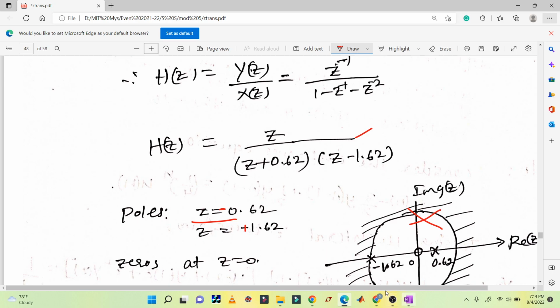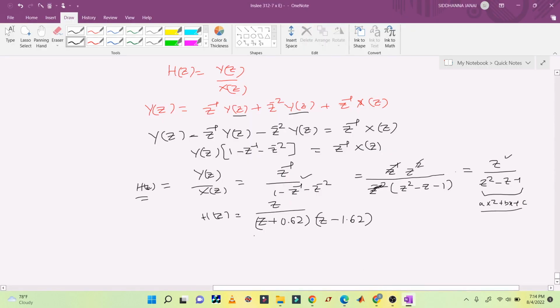By that, let me draw here. This is h of z. First point is cleared. Now poles are the values of z which make h of z infinity. So what are the values?